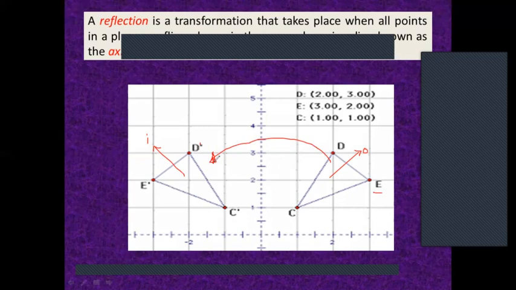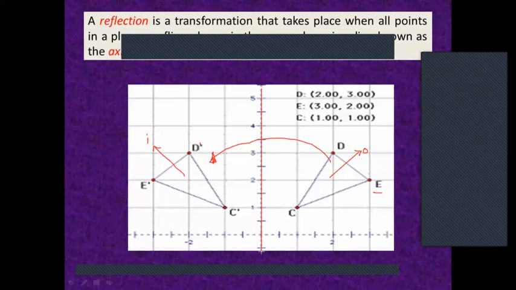Okay, so as you can see, this now is your line of reflection. So this one at the center is the line of reflection, or is known as the axis of reflection. That one is at the center of your object and image.